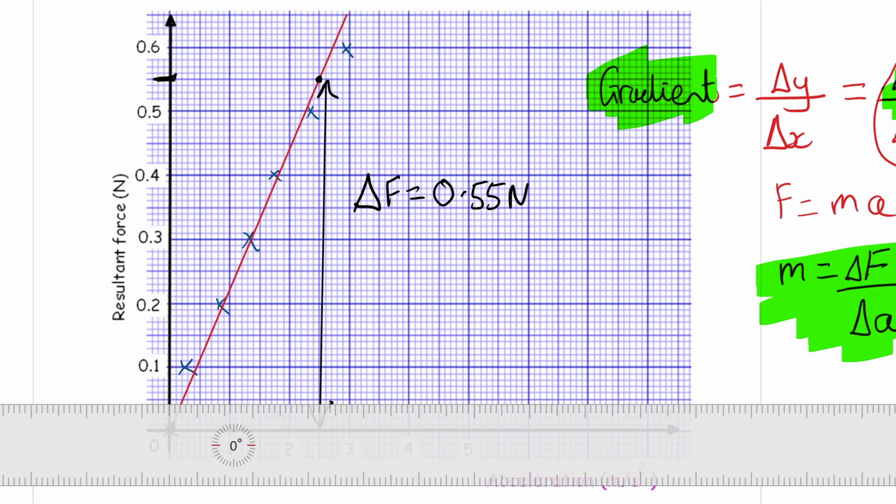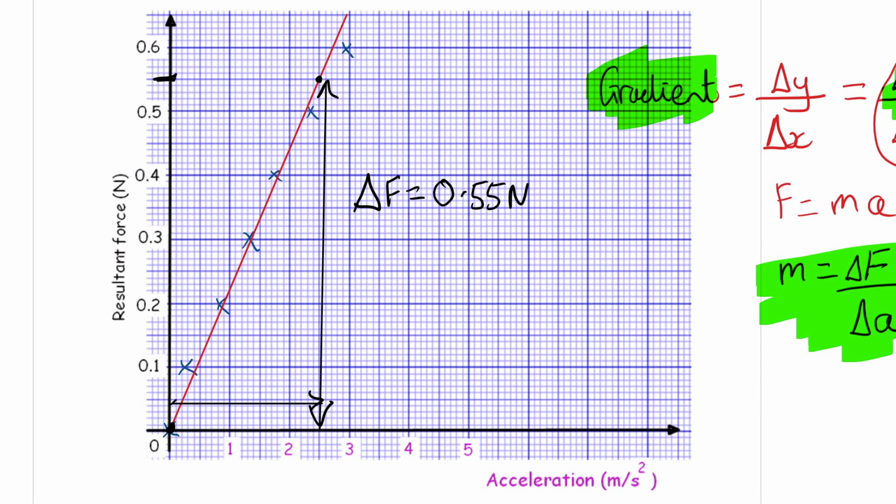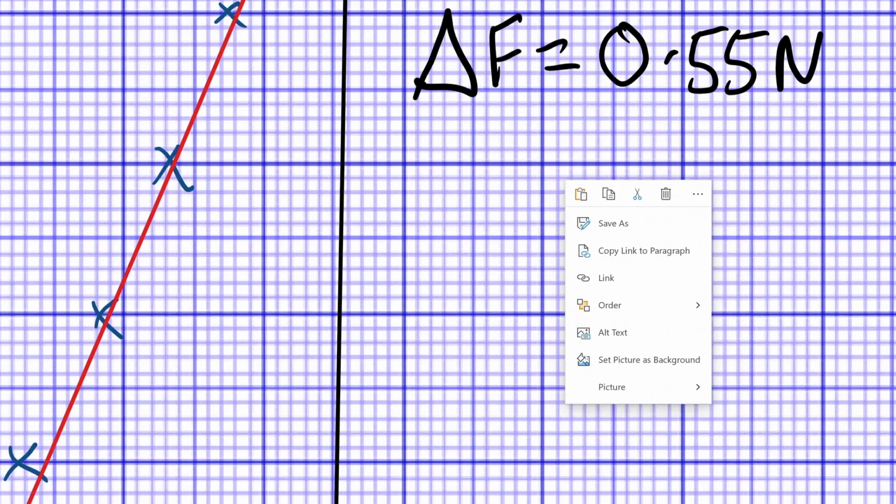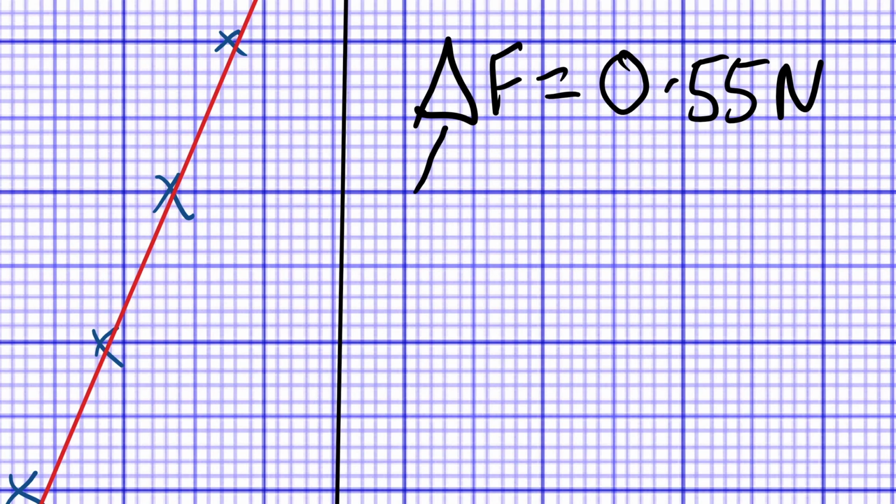Doesn't really matter where I show it, as long as you understand it's that distance going from 0 up to this point on the axis just here, which is 2.5. So our change in acceleration, 2.5 meters per second squared.